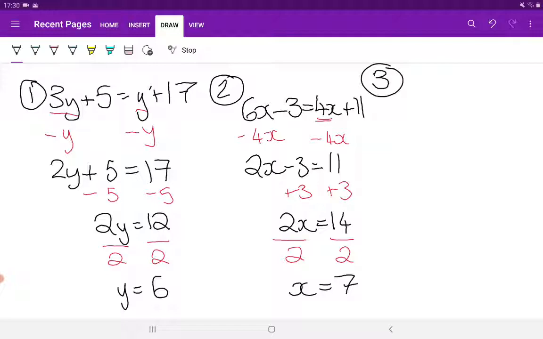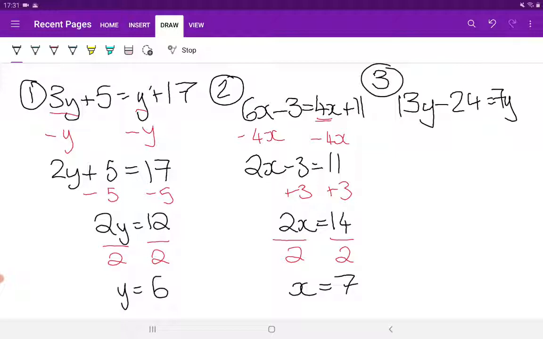Okay, guys? Now, very occasionally you'll get something that might look a little bit different, like this one here. So if we had, for instance, let's go for 13y actually, minus 24 equals, let's go for 7y.